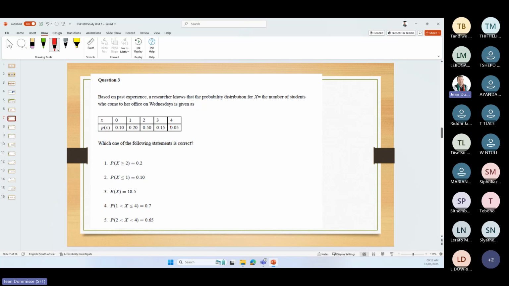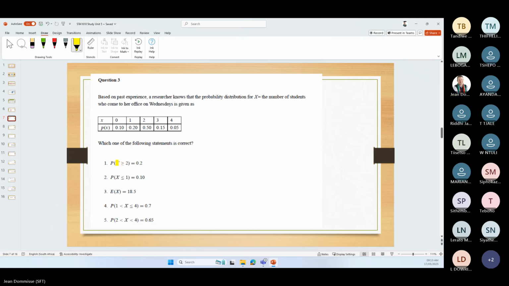The things that they will normally ask you is to work out the probabilities. They will throw in the mean that you need to work out. Sometimes they ask you to work out the variance as well. Working out the mean is nearly the most work, so again, I'll leave that one for last. So let's check these ones.